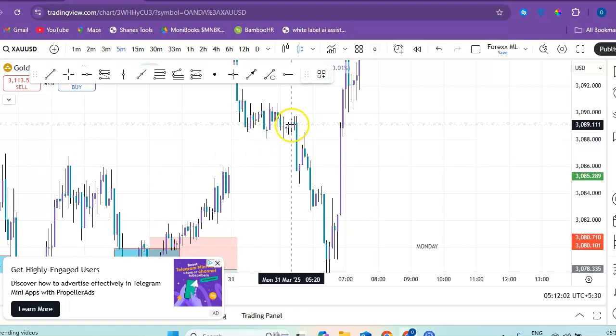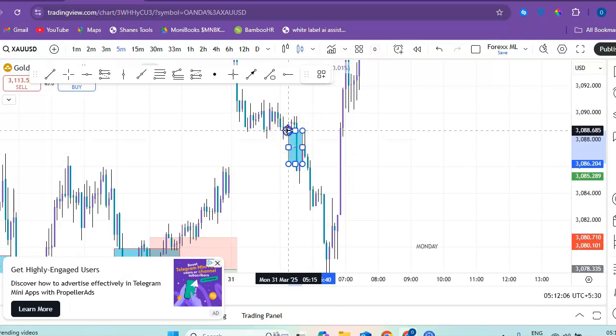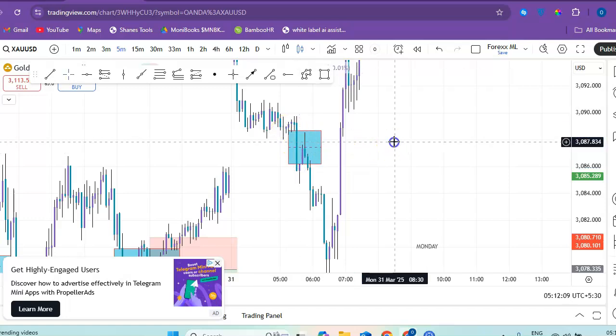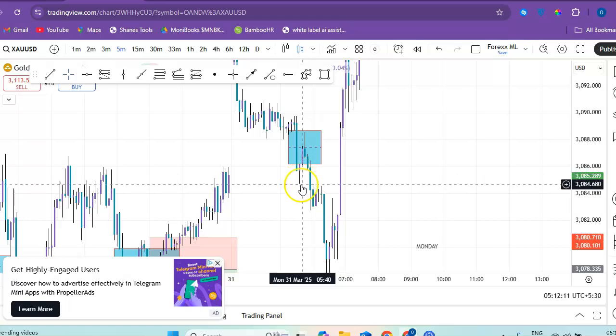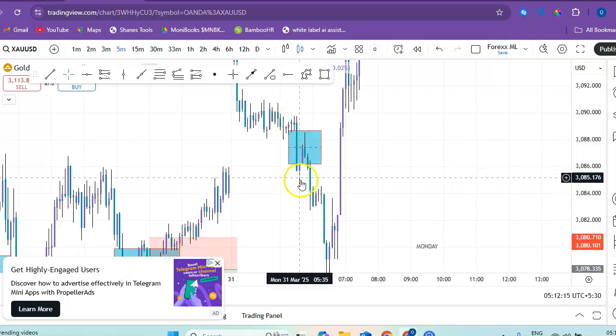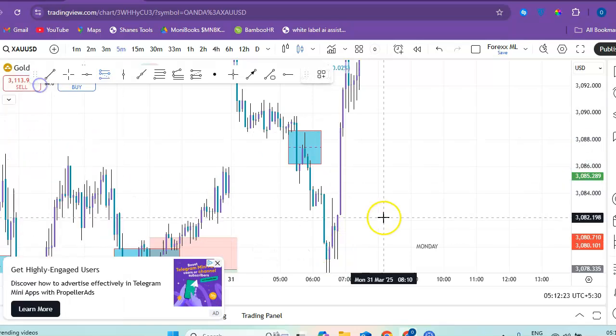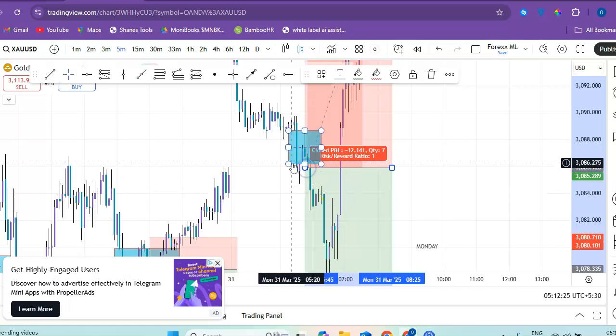This is the first candle, second candle, and this is the third candle. We will mark them. You can see that market came out, created this, market is bearish, and it has created the third candle, and after that it came back to this fair value gap area and came down. So what you can do, you can take the short here from this candle.